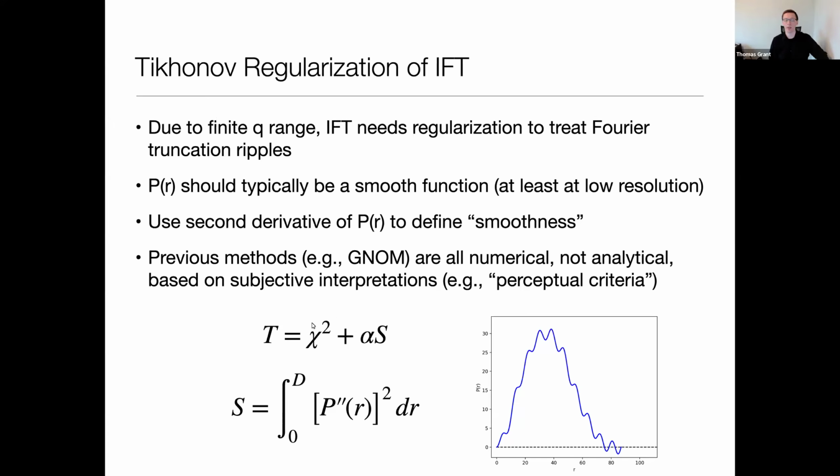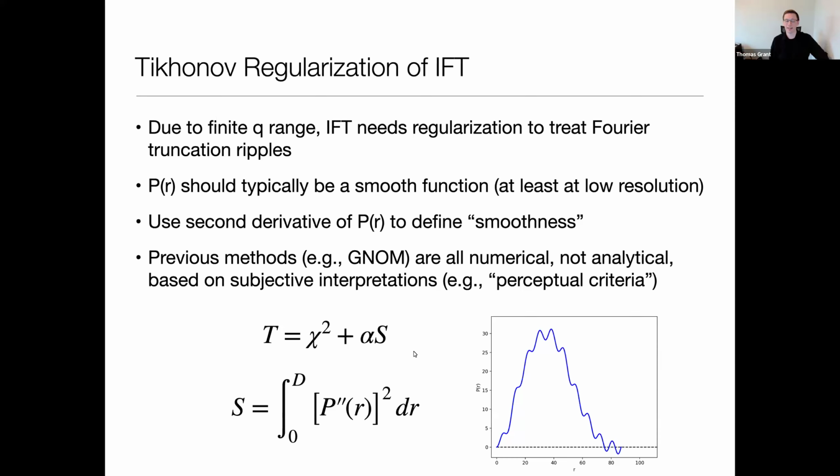So rather than only minimizing chi-squared, which is the goodness of fit in reciprocal space, we also add this smoothness parameter, which is how smooth the real space representation is. So now we have reciprocal space plus real space, and this defines some kind of scoring function.